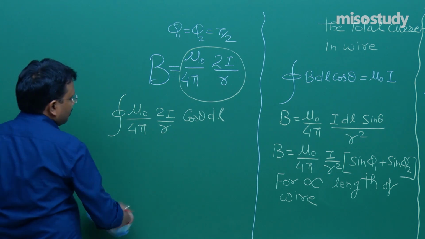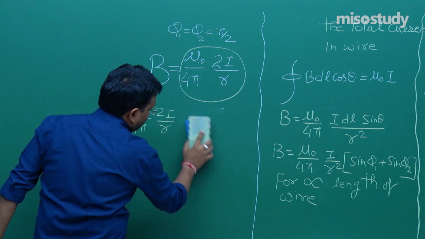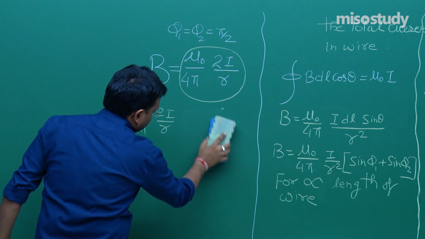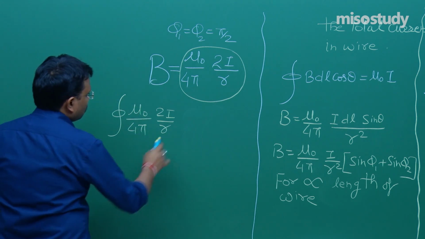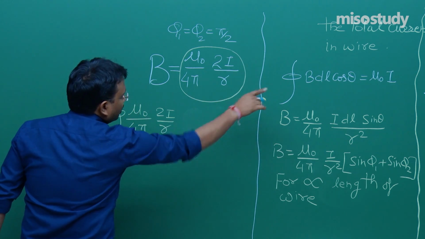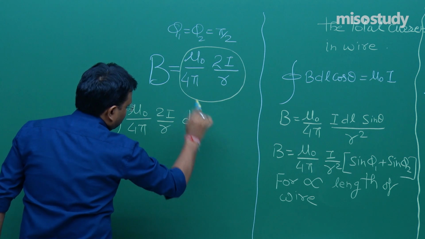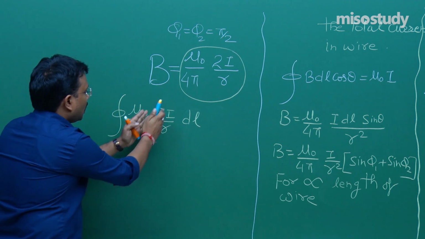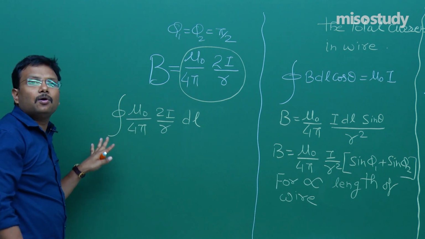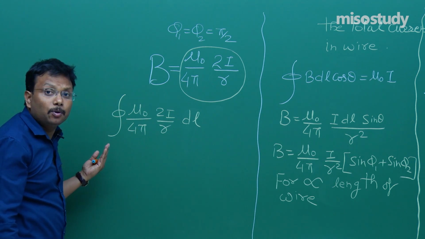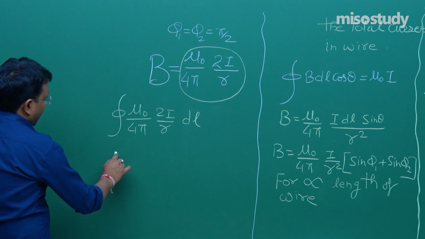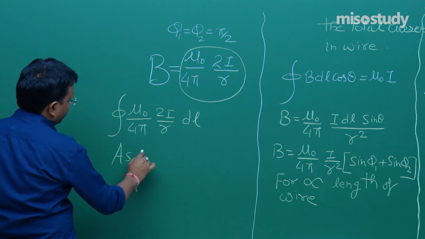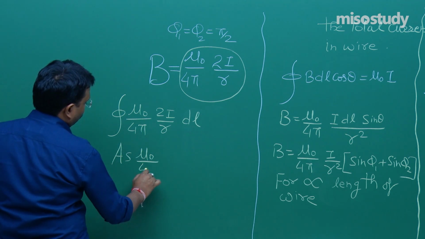So for the time being, need not consider it. So simply say dl. Now mu naught, 4 pi, 2I, r, this all is constant, so obviously it will come out as mu naught upon 4 pi.